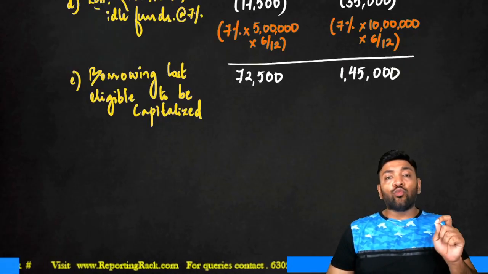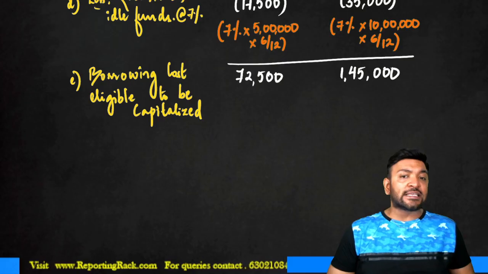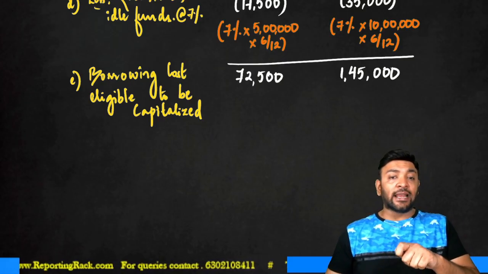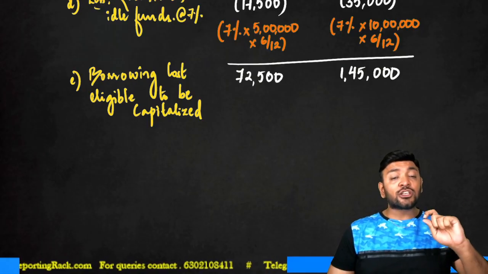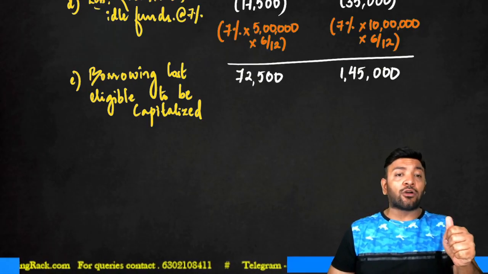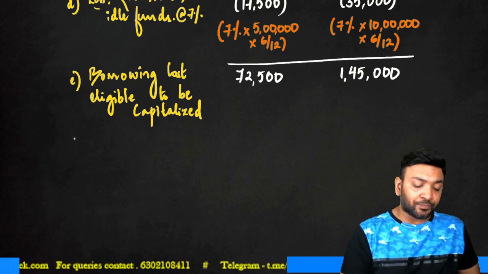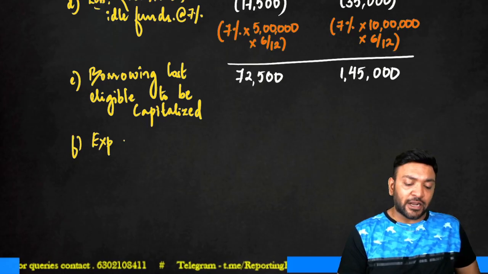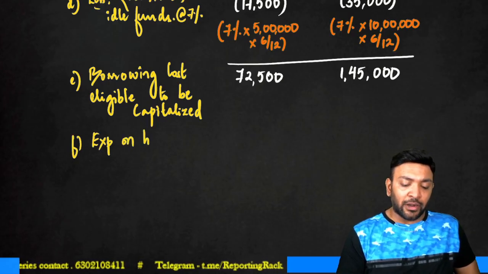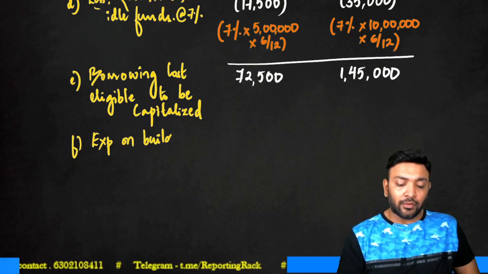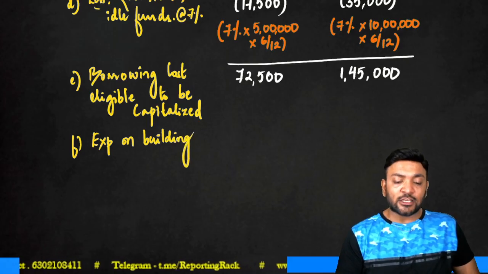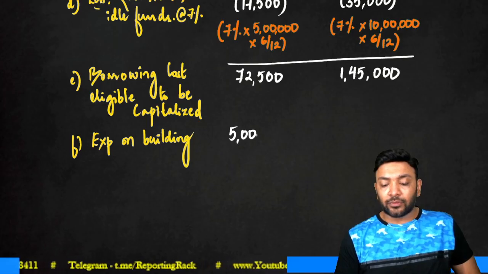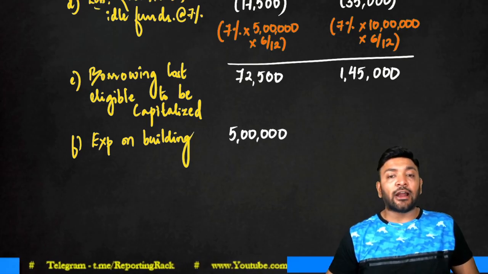Now, what was the actual expenditure on each asset? 10 lakhs on factory building, 20 lakhs on office building. Now that total cost should be capitalized along with the borrowing cost. So what is the total cost? Expenditure on building. Actual expenditure on the building is 5 lakhs for factory premises.